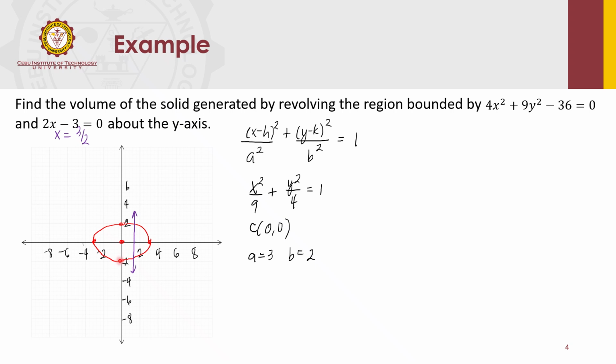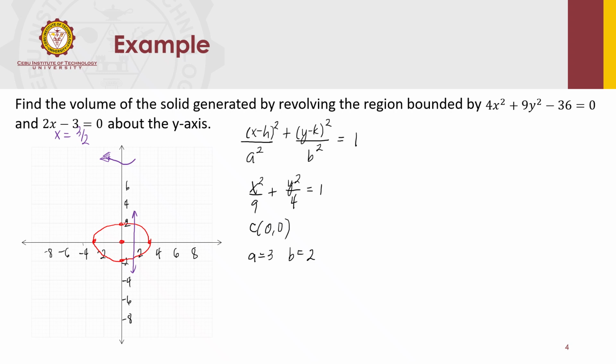Since this is the washer method, the strip shouldn't touch the axis of rotation. And our axis of rotation is vertical, it's the y-axis. So for the washer method, I'm going to have a horizontal strip.